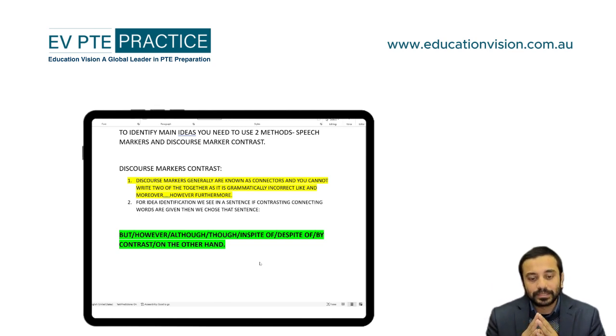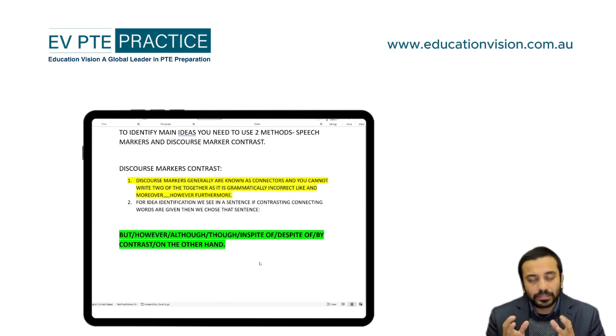Now the second part is, how do discourse markers contrast help me for identifying main ideas? These words that you can see in green: but, however, although, though, in spite of, despite of, by contrast, on the other hand.